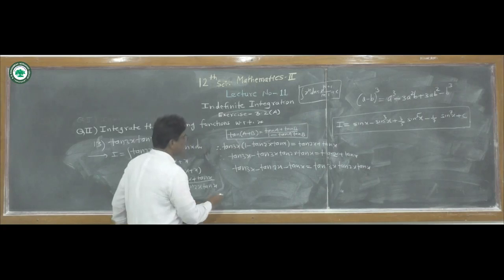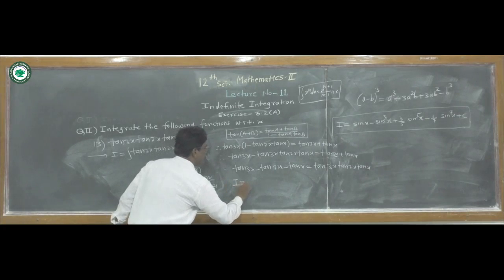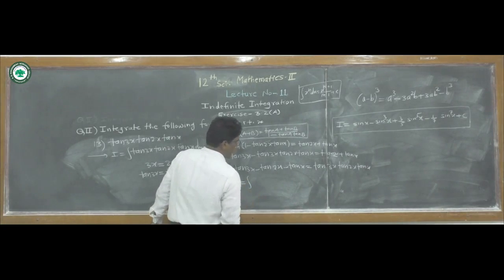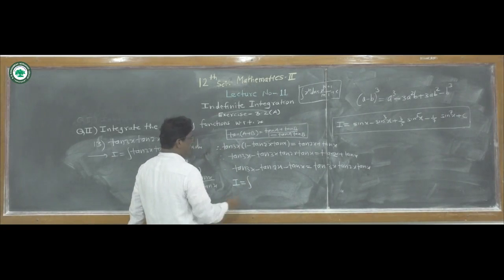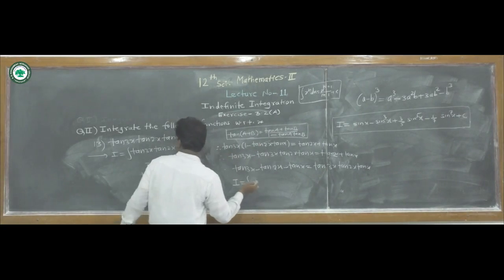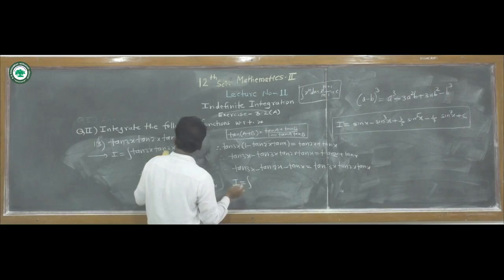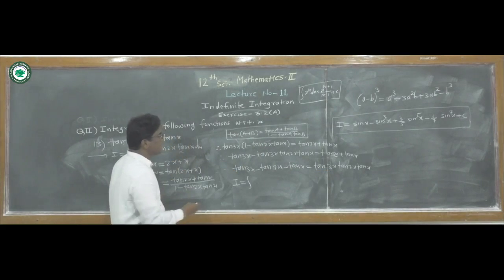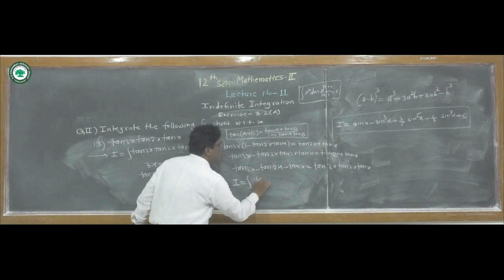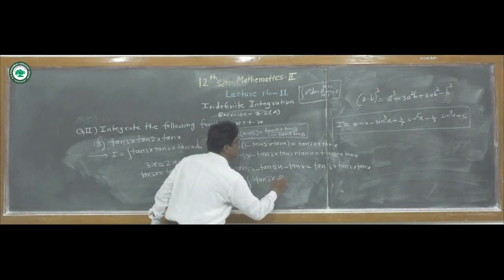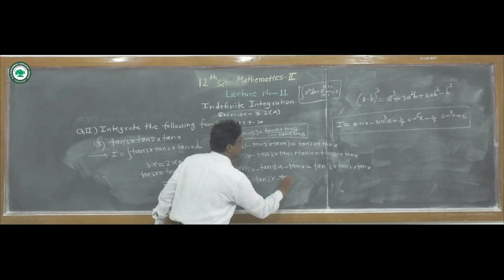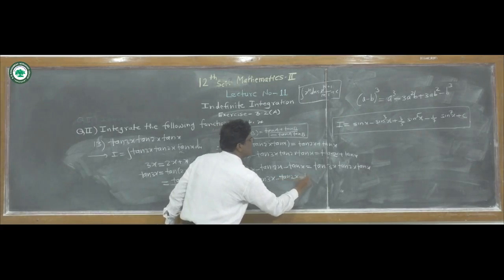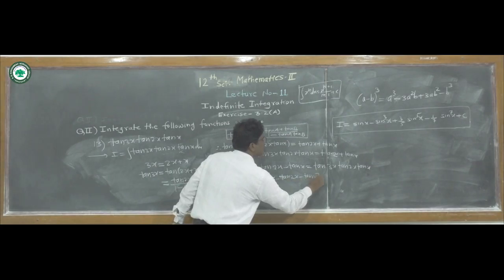So the required integral I is equal to integration of, we replace this tan 3x, tan 2x, tan x by the left side, and it is tan of 3x minus tan 2x minus tan x dx.